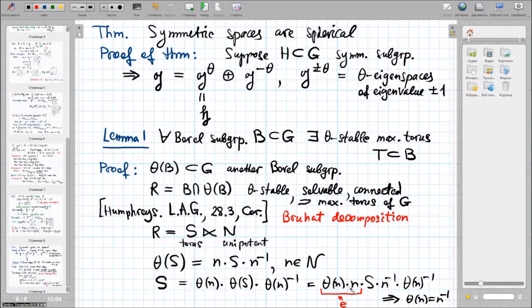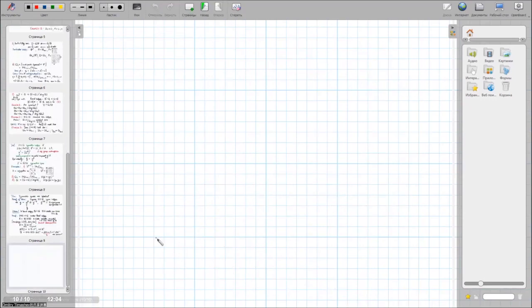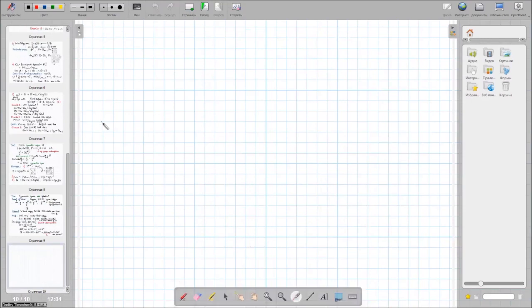Since I am already out of time, let me finish the proof of the lemma. So this conjugating element, small n, has the property that theta sends n to n inverse. And now let me remind you that there is an exponential map from the Lie algebra of N to N itself.